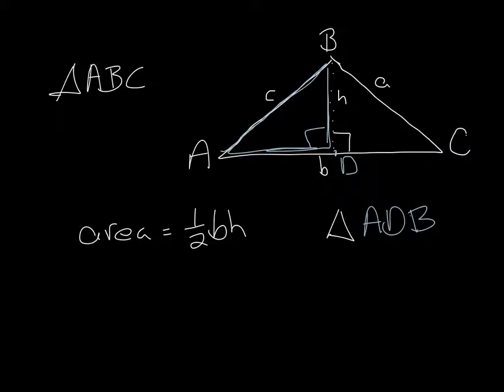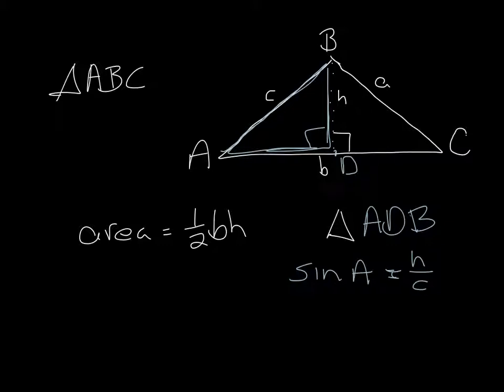So I know sine of A is going to be equal to h over c. Remember from our SOHCAHTOA, the sine is opposite over the hypotenuse. The opposite is h, my hypotenuse is c. So sine of A would equal h over c.